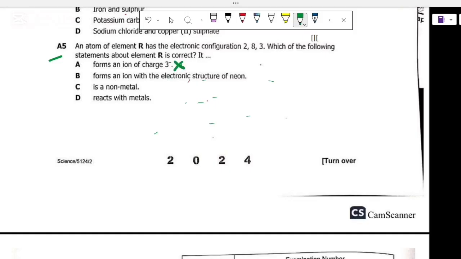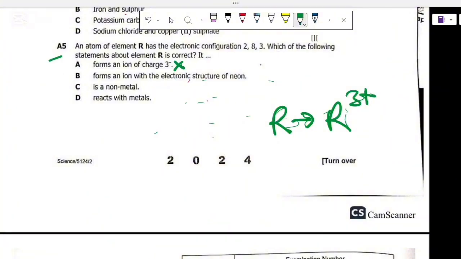This is incorrect because as opposed to forming a negatively charged ion, this is going to form a positively charged ion because it is losing those 3 electrons. So R is going to become R3 plus, not R3 minus. That is for nonmetals that are accepting electrons, not losing electrons. So I hope you can get that one. So that is incorrect.